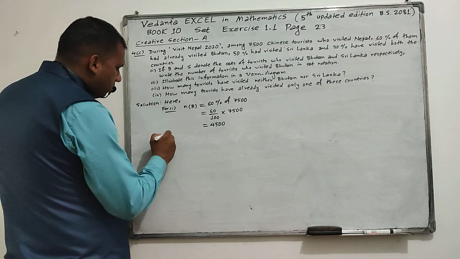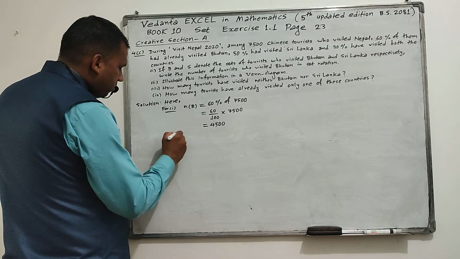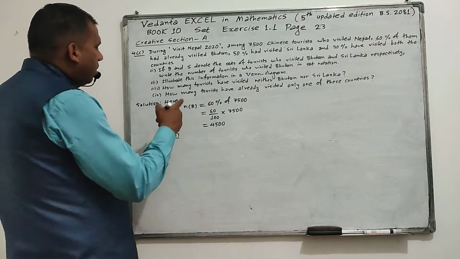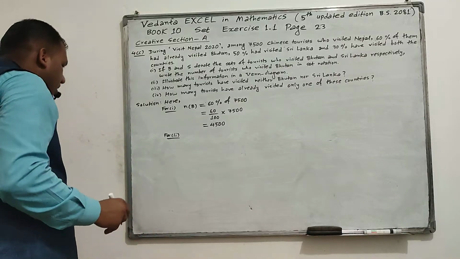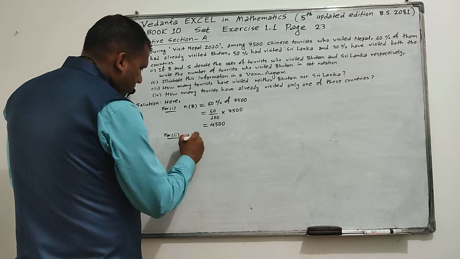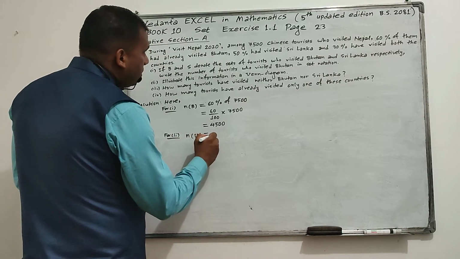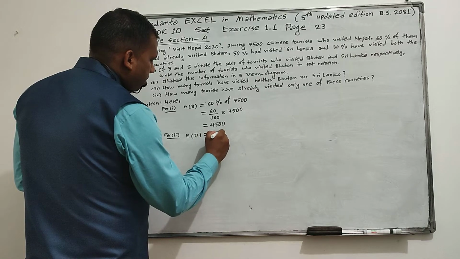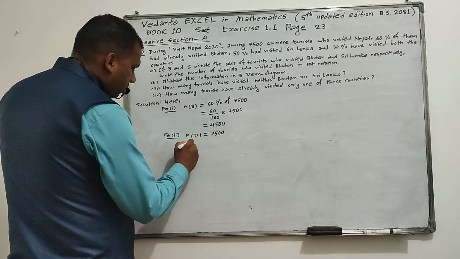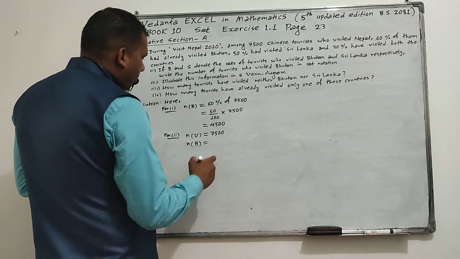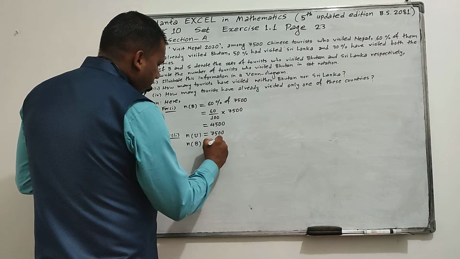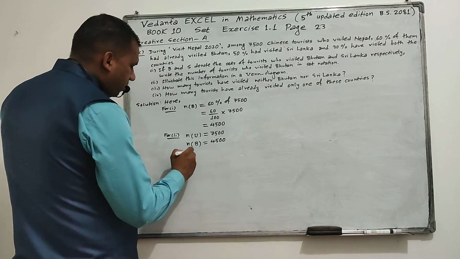Now for 2, illustrate this information in a Venn diagram. Here, number of U is 7,500. Number of B is 60% of 7,500, that is 4,500.